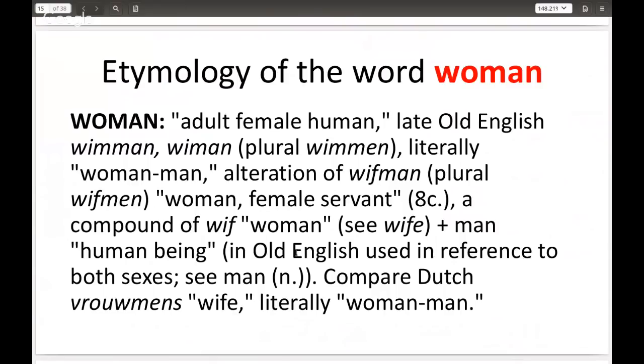It's an alternation of the word wifman, which is really like wife man, or wife of a man. It means woman or female, basically, and female servant. This is going to be important as we move on.